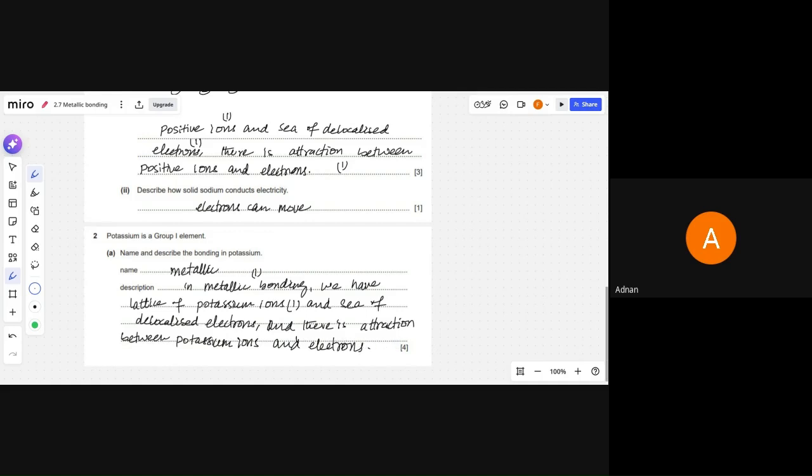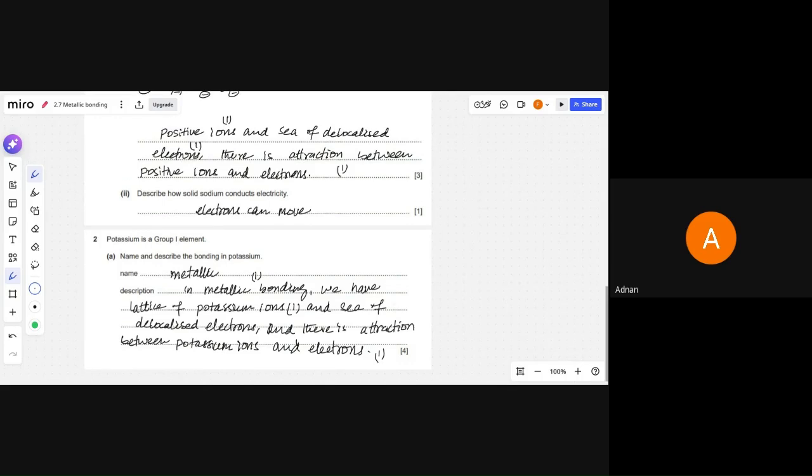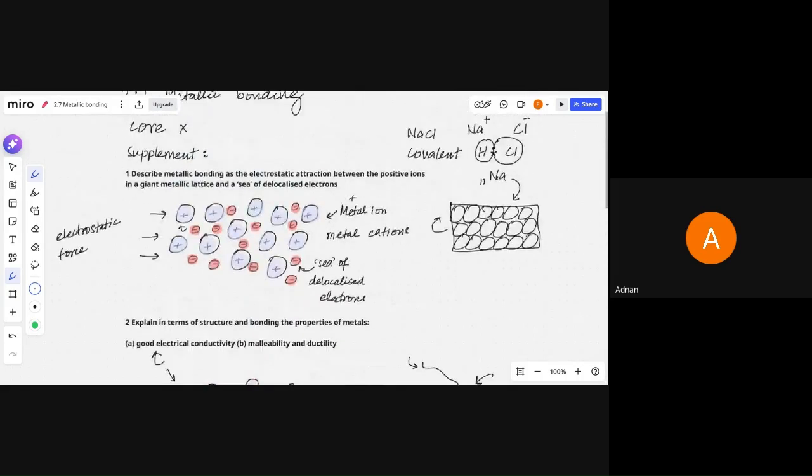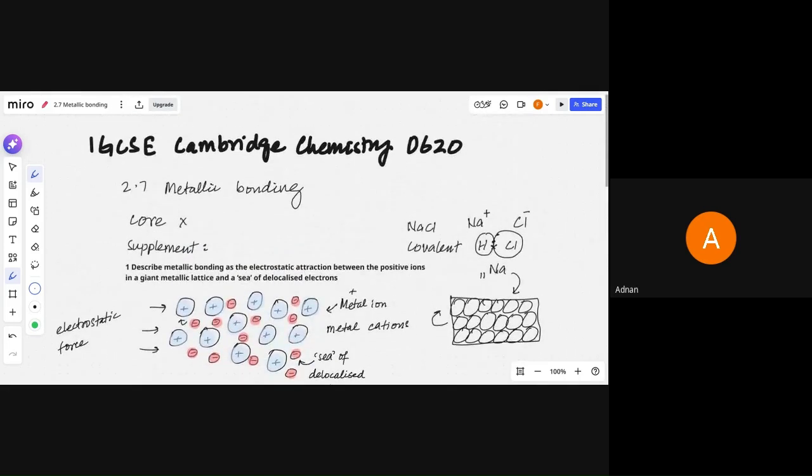So this is going to get you another mark. So these are the 4 marks. This is how you answer questions on metallic bonding. The topic is 2.7, and yeah, I guess that's it.